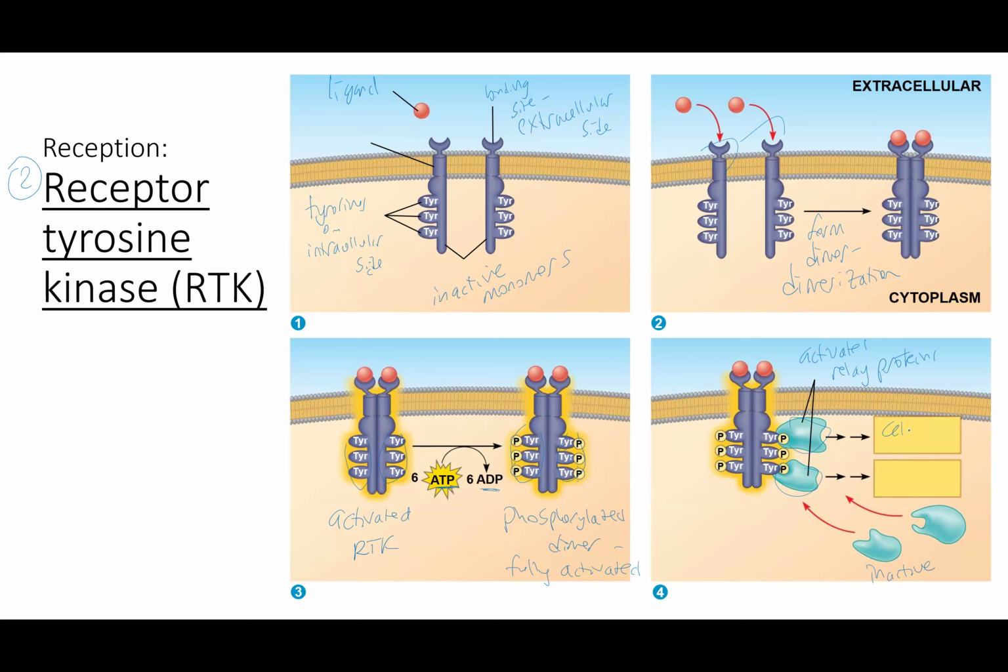And they're each going to cause a cellular response. They might cause different cellular responses. So when these relay proteins bind, they change shape to activate, and that allows a cellular response to happen.